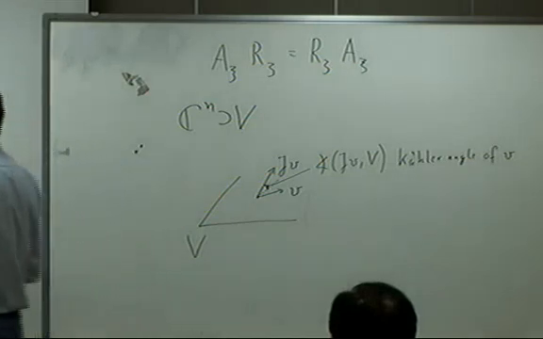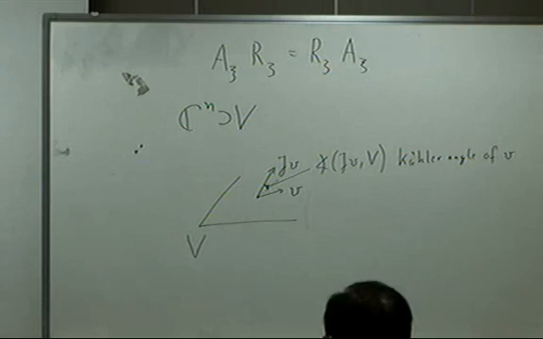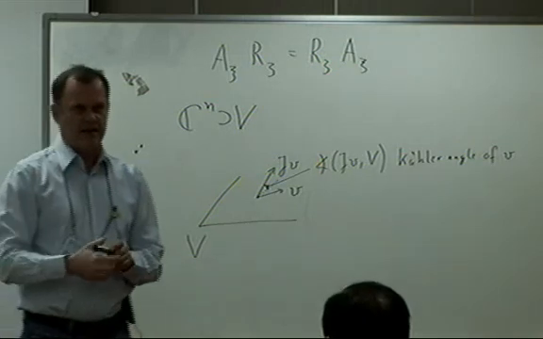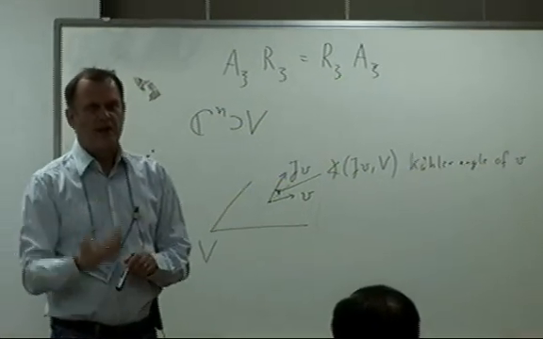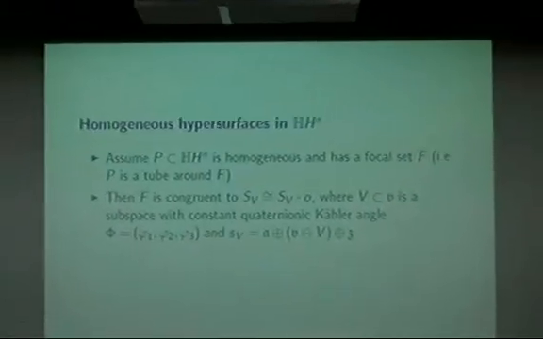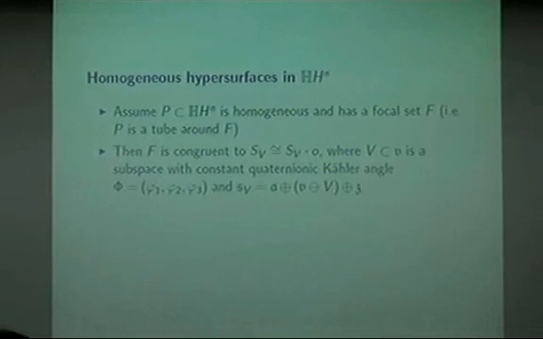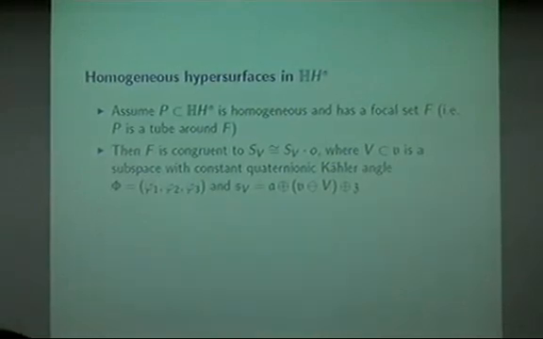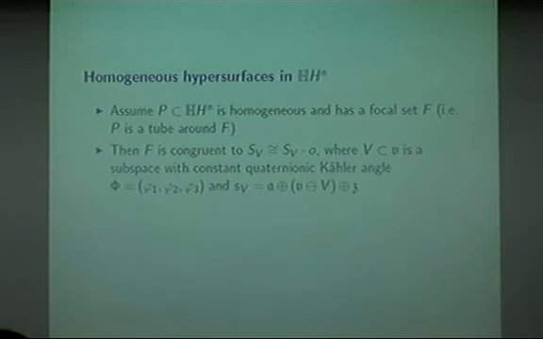Now what I do here is I say constant quaternionic scalar angle. Now we are in the quaternionic situation. On a quaternionic setup, we have 3 complex structures, I, J, and K, or in quaternionic hyperbolic space, they come from the quaternionic scalar structure. So we have 3 mutually orthogonal complex structures. In fact, we don't have just 3, we have a 2-dimensional sphere of complex structures.